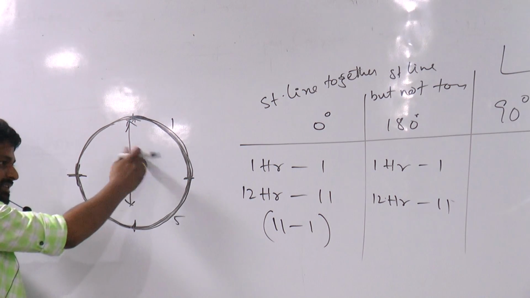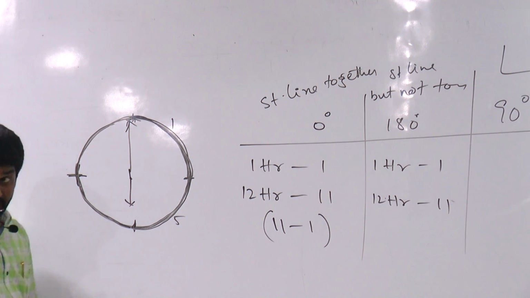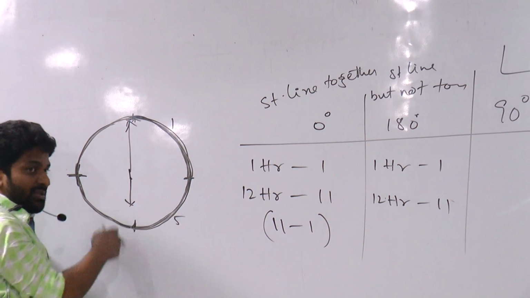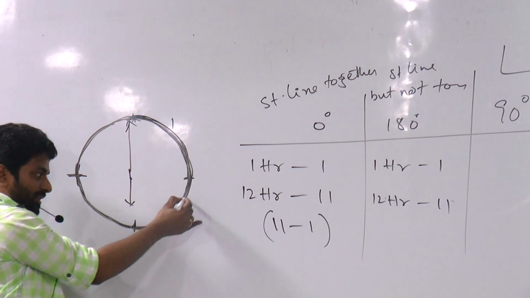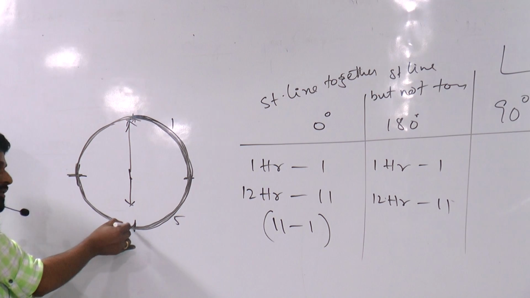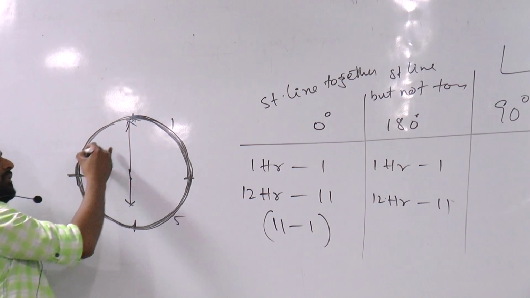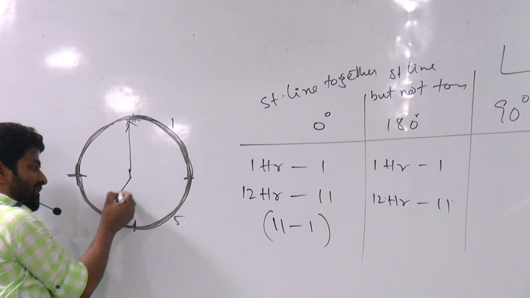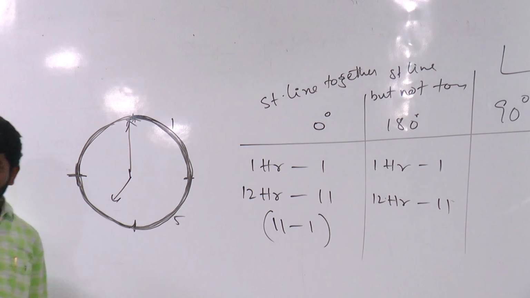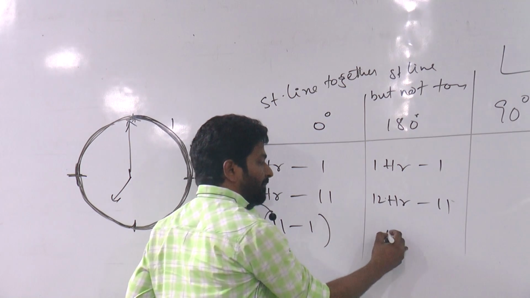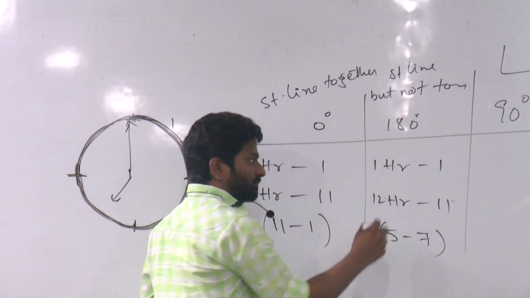We have 180 degrees gap for one time, and between 6 to 7 also. 6:15, 6:30, 6:45, 7 o'clock. At 7 o'clock, this is our position. So in 2 hours gap, we have only one time. So missing time in between 5 to 7.